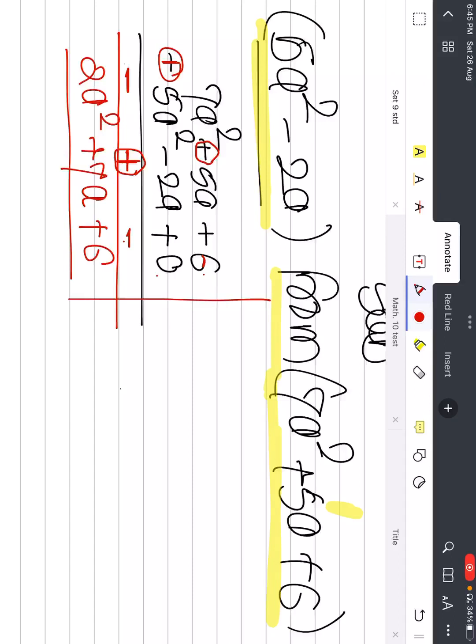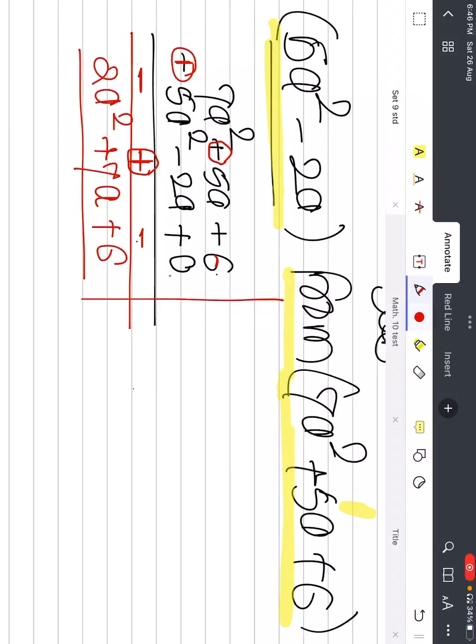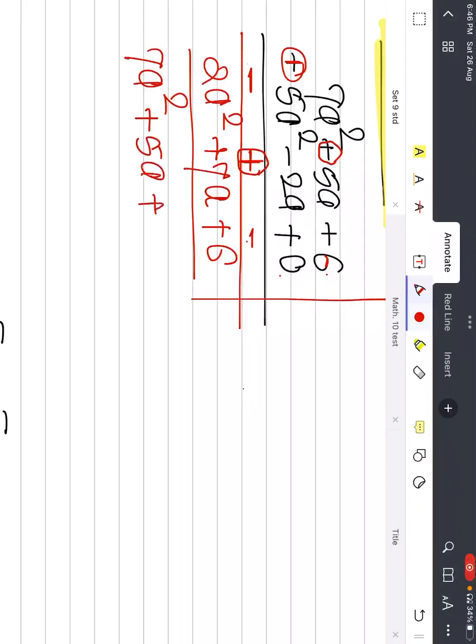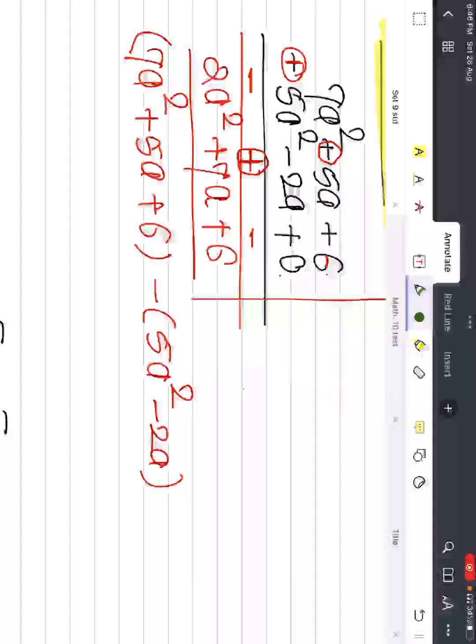This is by the vertical method. Now we will solve it by the horizontal method. So the question is like that: 7a square plus 5a plus 6 minus 5a square minus 2a. Clear? Now, as per the previous case, sign inversion will take place.